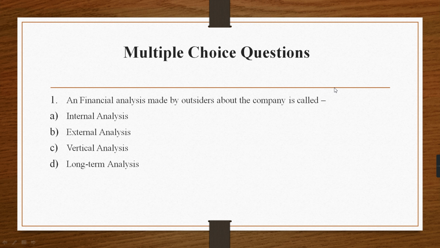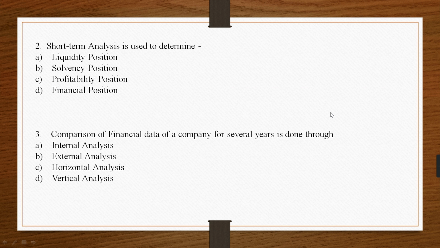Next one, coming to the multiple choice questions: a financial analysis made by outsiders about the company is called internal analysis, external analysis, vertical analysis, or long-term analysis. Can you tell me the answer? Yes, a financial analysis made by the outsiders about the company is called external analysis.